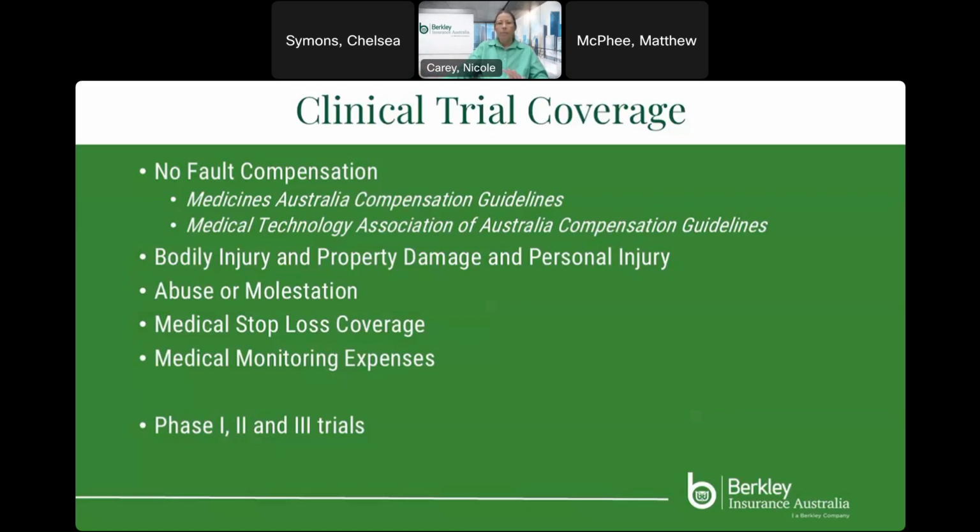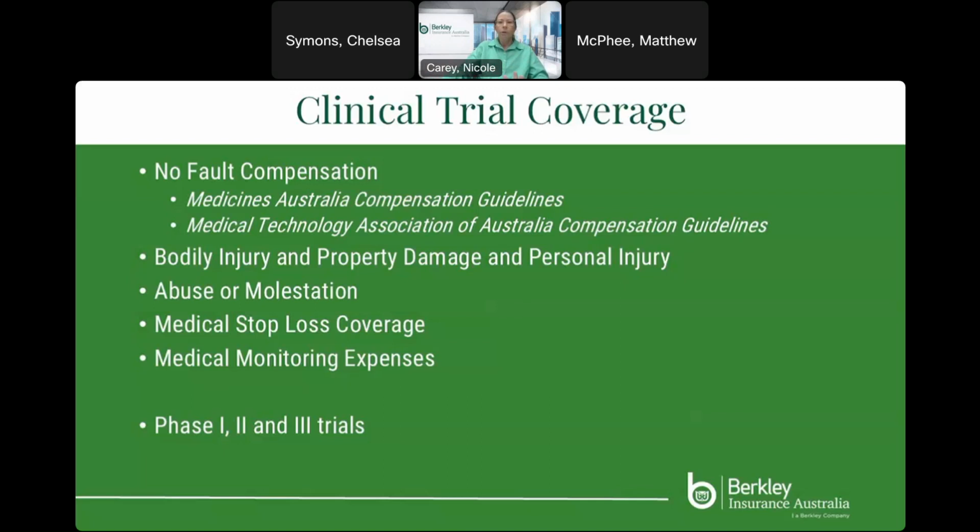Okay, so this section is appropriate for phase 1, 2, and 3 clinical trials. They're basically the first 3 phases that all products have to go through to be tested, to be approved by the TGA. When you get to phase 4, that's when the product's been tested and it's okay and it's out into the general population, which is essentially a very long-term clinical trial that goes on.